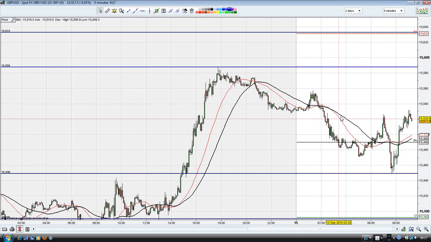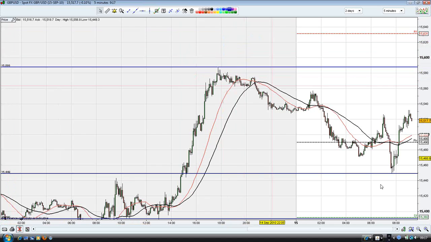But now that it's just a short while before the reports come out, we can now use this high point of the market, because that was the most recent high of the market at 15,588. And the most recent low is at that point, 15,449.